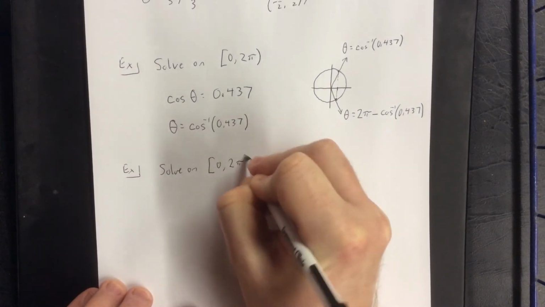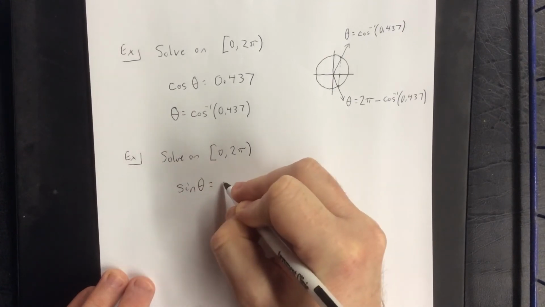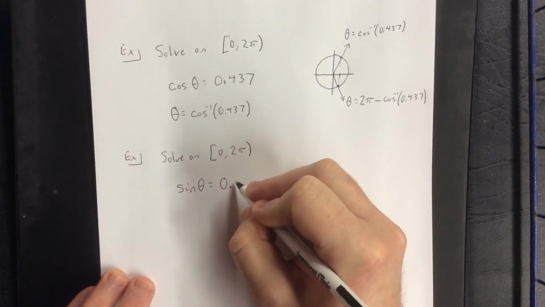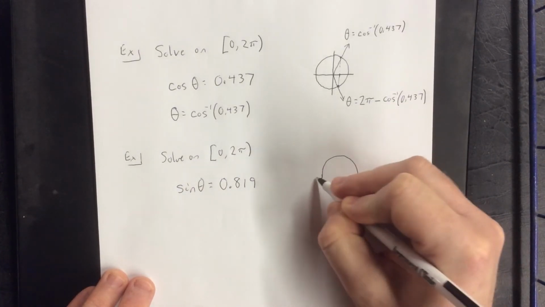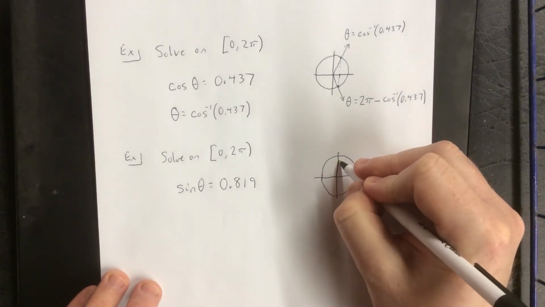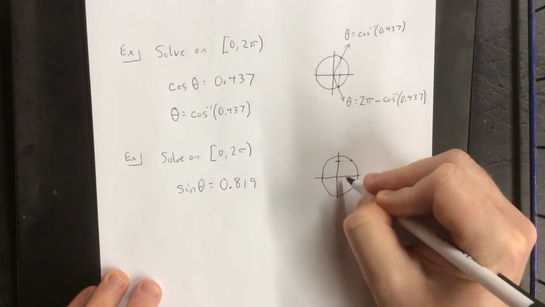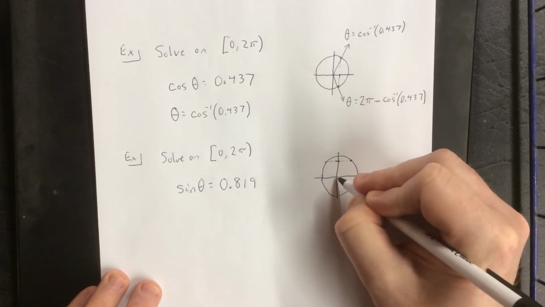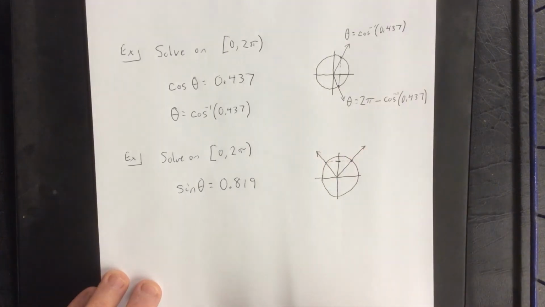Similarly, if we were dealing with an inverse sine, or the sine of something that we don't necessarily recognize, like sine of theta is equal to 0.819. I'll draw the circle first this time. There we go. So somewhere on the y-axis, we're going to have an angle like this, a corresponding point over here, and a corresponding point over here, and I'd be interested in finding this angle and finding this angle.